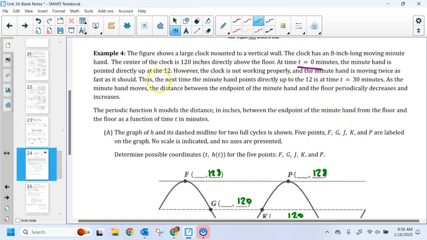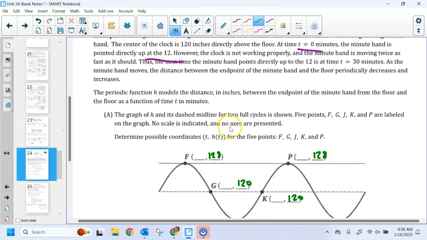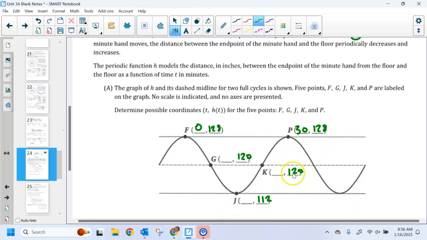Notice at time equals 12, they're telling us we're at the max. The clock is pointed directly up. So that means our time equals 0 is right here. And recall that our full period is 30 minutes, so we'll be back at the max at 30 minutes. So halfway between the two maximums will be at the minimum, that's 15 minutes.